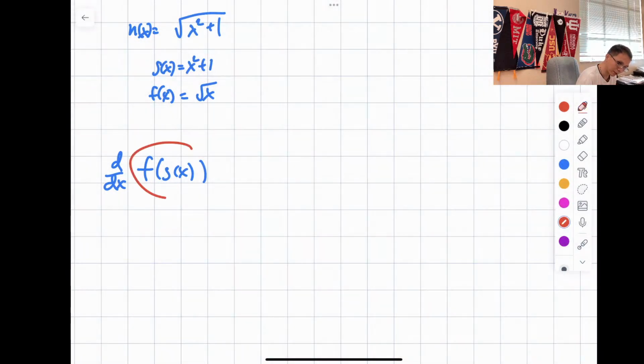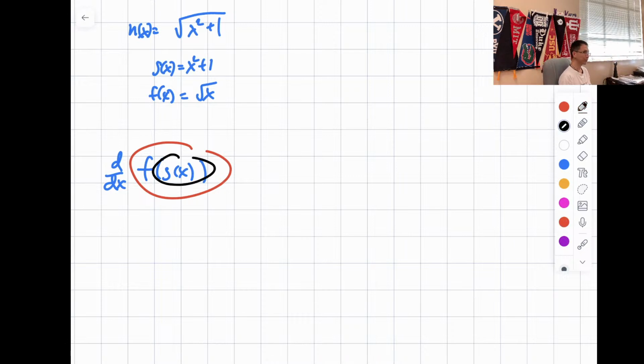First layer is going to be this layer. Second layer is going to be this layer. Okay, imagine you have an onion or a Russian doll. You guys ever seen a Russian doll before? Like you take it out and there's another doll inside, and you take out another doll inside. It's kind of like that, or like when you peel an onion.